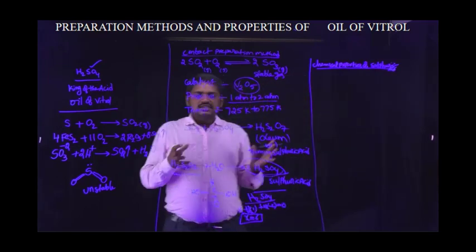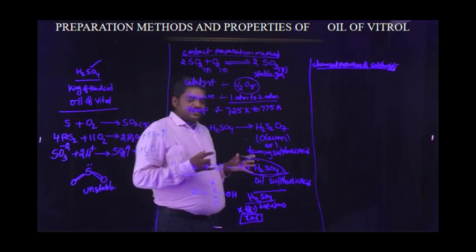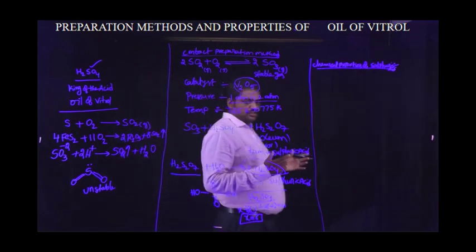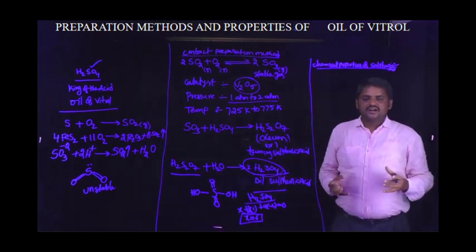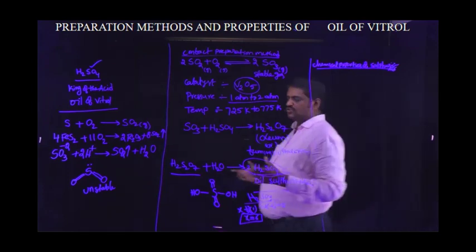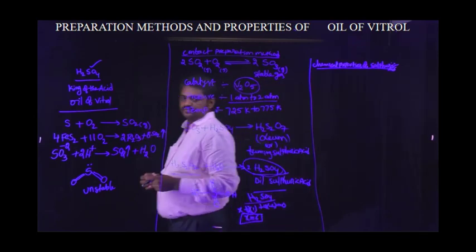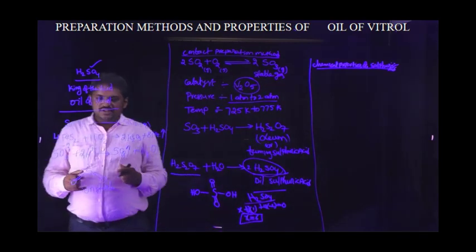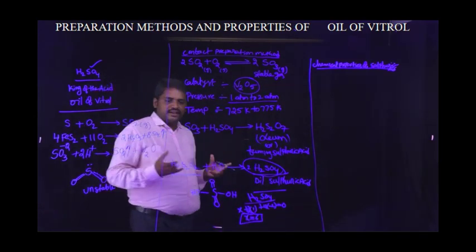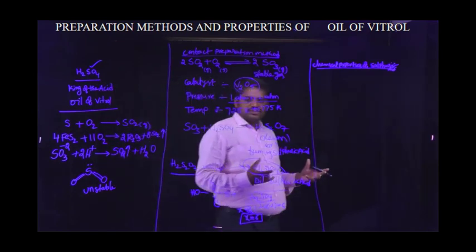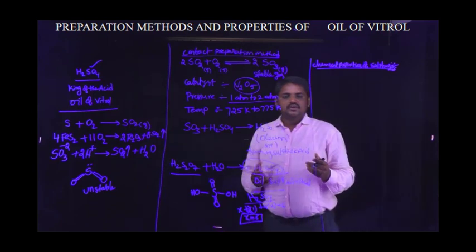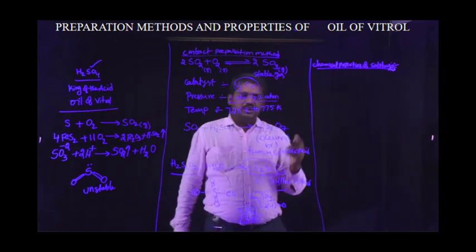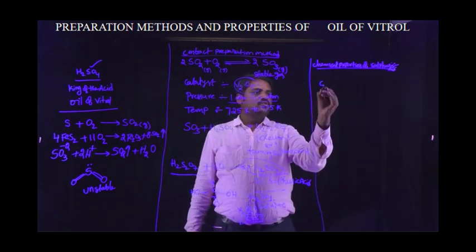Concentrated sulfuric acid reacts with carbohydrates to produce charcoal. Carbohydrates are molecules containing carbon, hydrogen and oxygen. For example, glucose is one of the carbohydrate molecules, a monosaccharide.